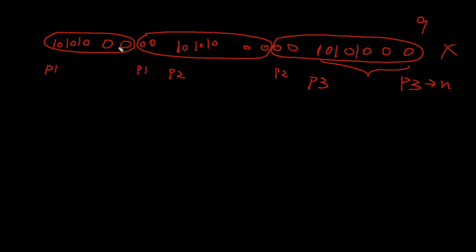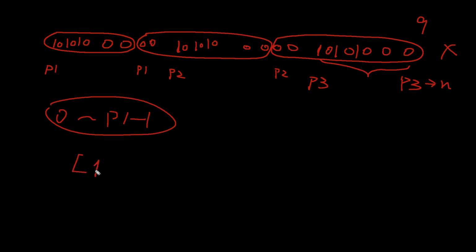So remember, the first part is the p1 from 0 to p1 minus 1, right? So this is the first part. That's why what we need to return is p1 minus 1, and then p2, right?